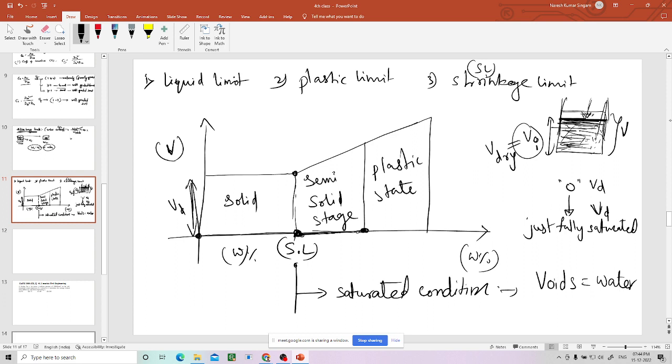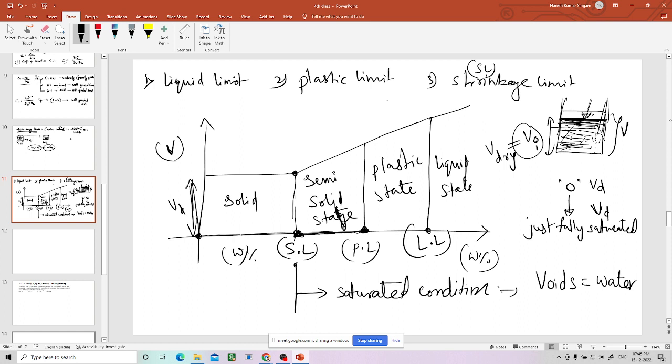So the water content at which the soil will convert from semi-solid state to the plastic state is called plastic limit. The water content from where the soil tries to change its behavior from the plastic state to liquid state, that is called liquid limit.